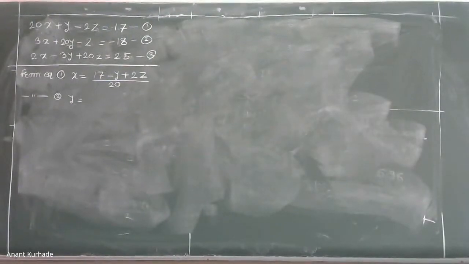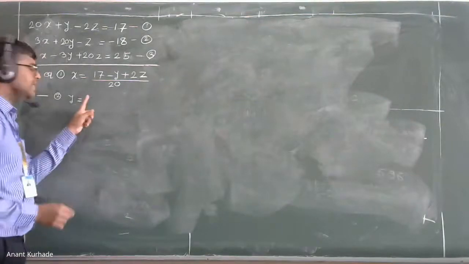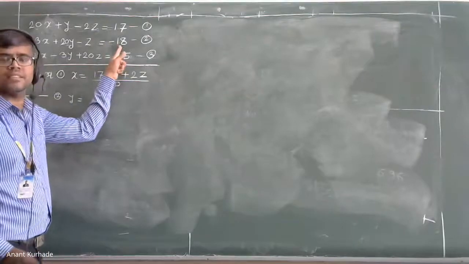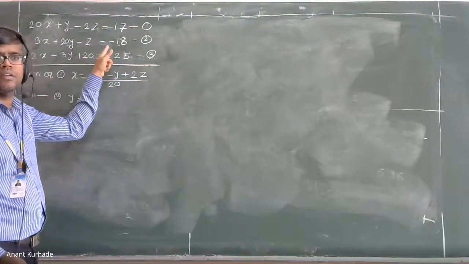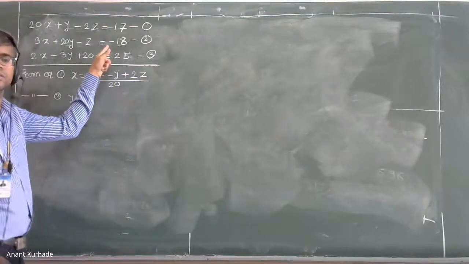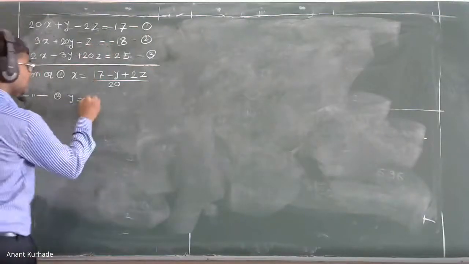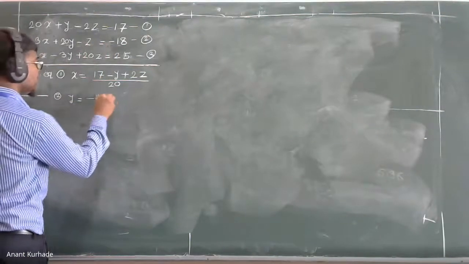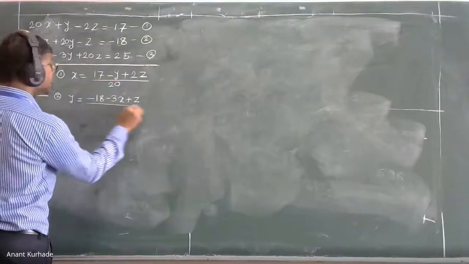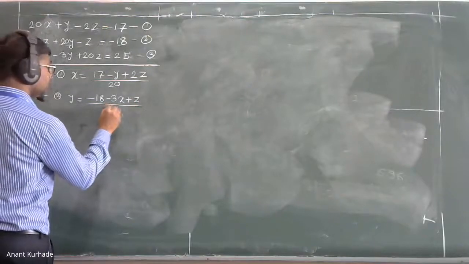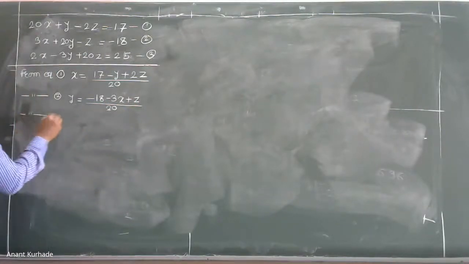Y is equal to 18 plus z minus 3x divided by 20? Tell me again. See here, it is minus 18. We can write y is equal to minus 18 minus 3x plus z divided by 20.